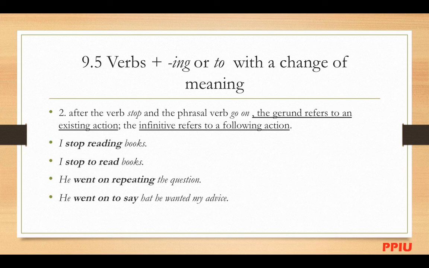And if we say he went on to say that he wanted my advice, I forgot the to, I think. He went on to say that he wanted my advice. So he went on to say here is the following, continuous question.